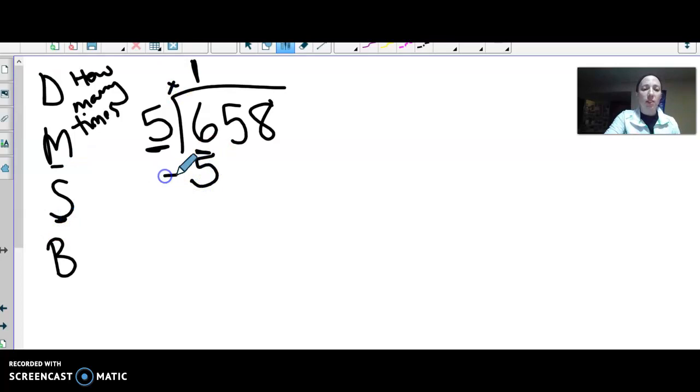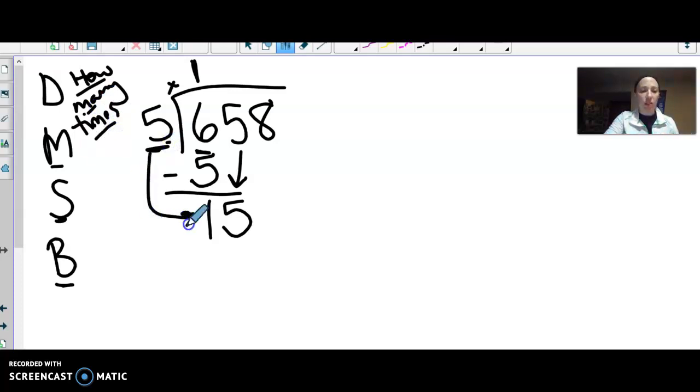Now I subtract. 6 minus 5 is 1. Now I bring down the next digit, 5. Okay? Now I ask myself, how many times does 5 go into 15? Well, 5, 10, 15, I hit it exactly. I won't always hit it exactly like I did in the last one. But this time I did. 3 times 5 is 15.